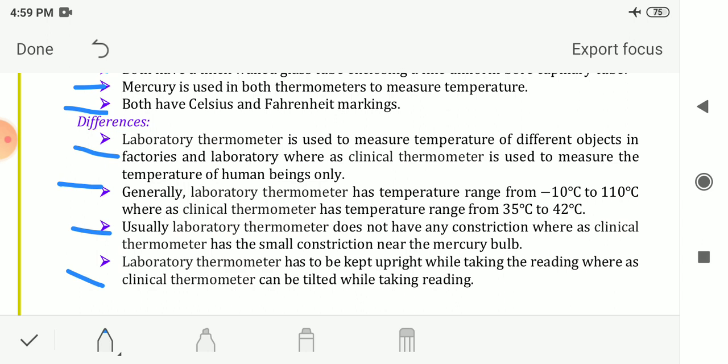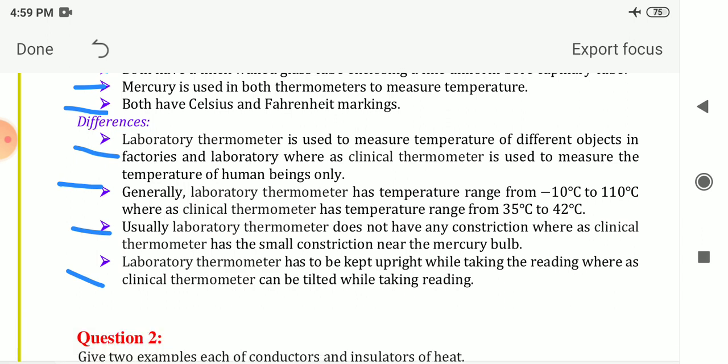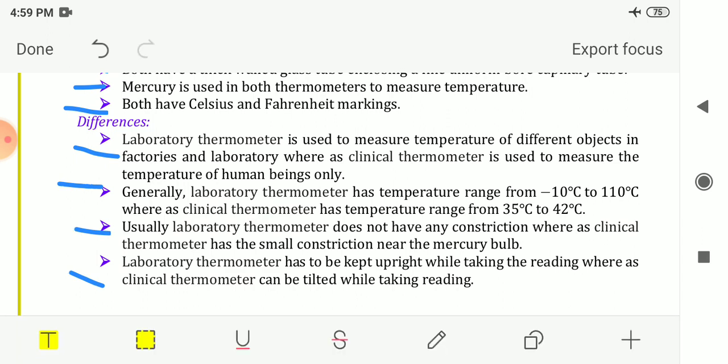Whereas in the laboratory thermometer such kind of constriction or kink is not there, so we have to keep this kind of thermometer upright while taking the reading, so that its temperature level does not fall down. So these are the similarities and differences between these two clinical and laboratory thermometers.